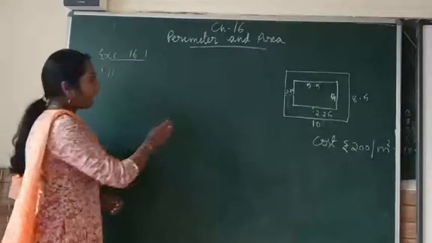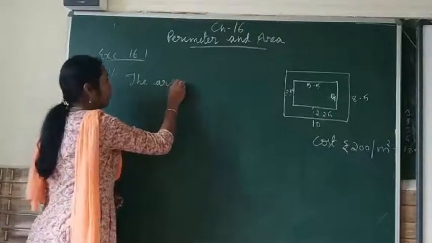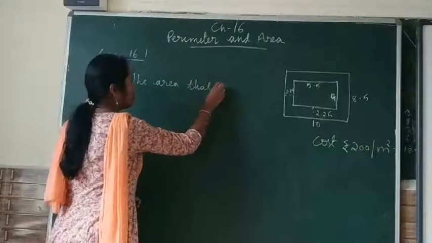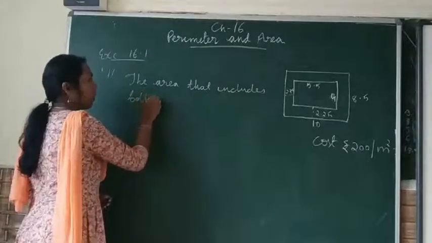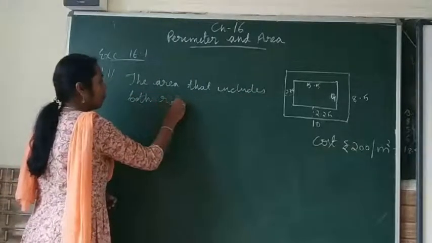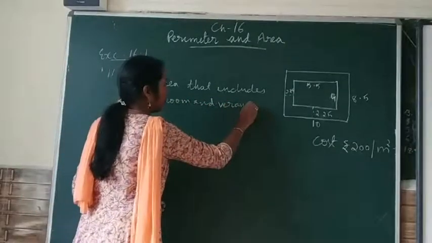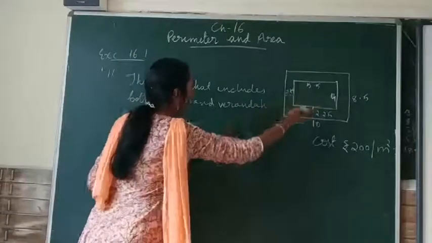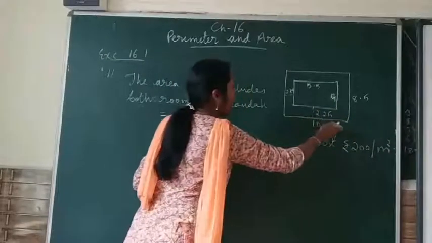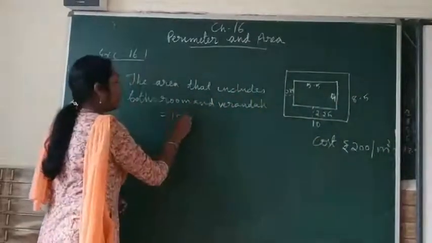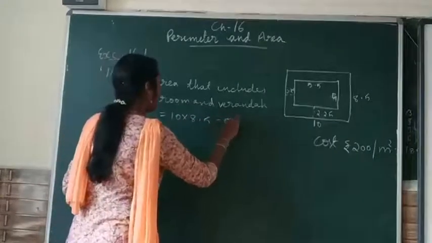So let us start writing. First of all, we can write the area that includes both room and veranda. That is the total area. That is equal to the area of the external rectangle, that is 10 into 8.5, that is equal to 85 meter square.